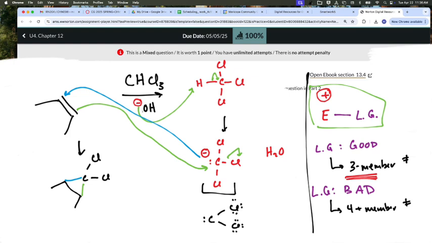What is the charge on that carbon? How do you calculate charge? Valence electrons minus number of bonds, which is 2, minus non-bonding electrons. What's the charge on that carbon? 0. There is no charge on it.